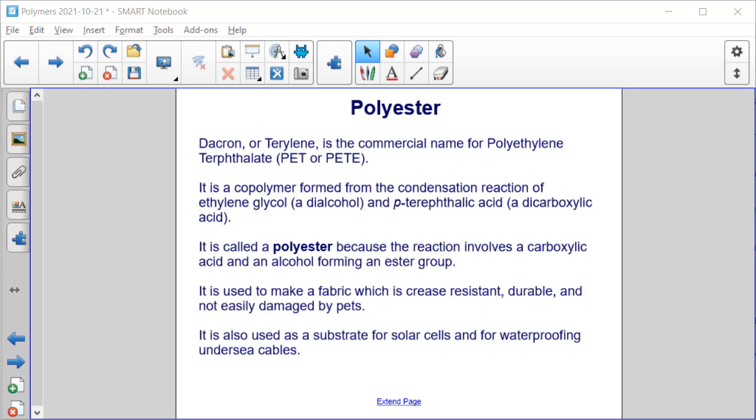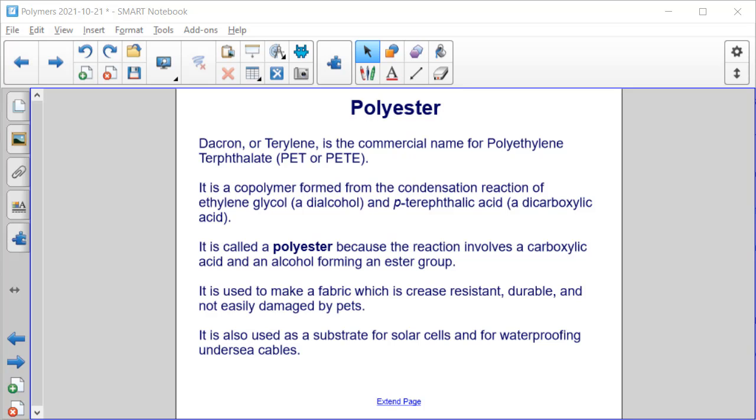All right, let's talk about something maybe we've heard of, polyester. Dacron or terylene is the commercial name for polyethylene terephthalate, PET or PET. It is a copolymer formed from the condensation reaction of ethylene glycol, which is a dialcohol, and p-terephthalic acid, a dicarboxylic acid.